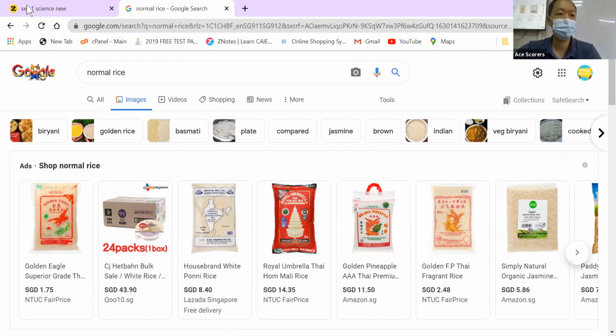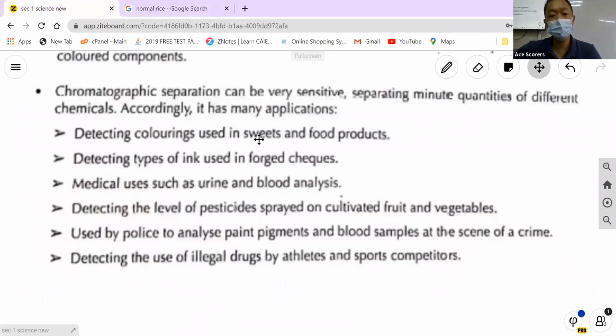That's just marketing, okay? So anyway, most food nowadays has colors, and colors are actually unhealthy. There are also colorings that consist of banned chemicals. So you want to check whether the colors are poisonous, right?